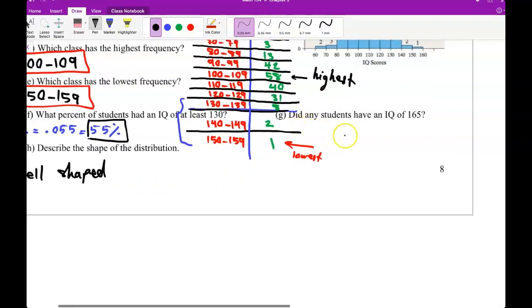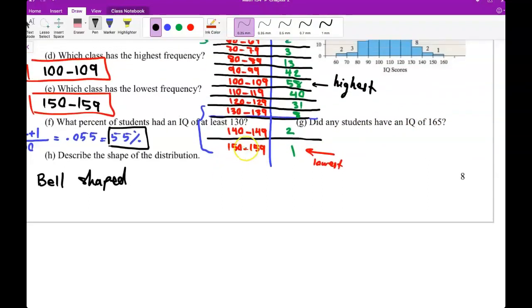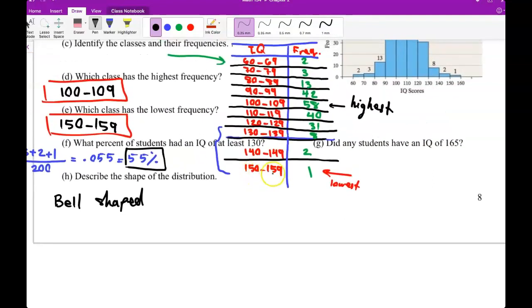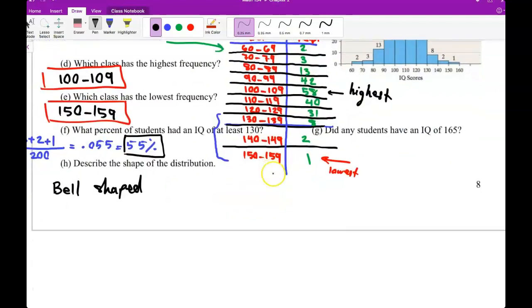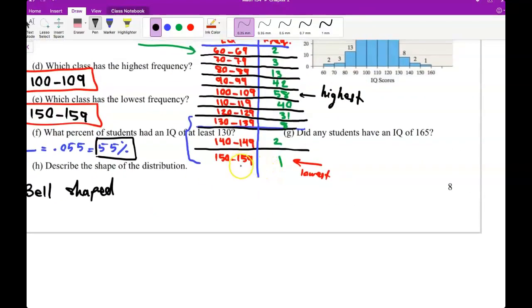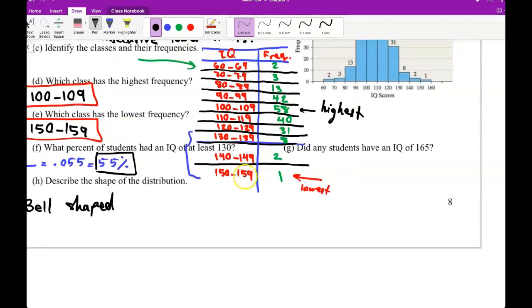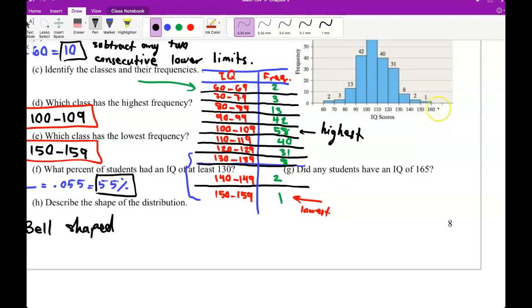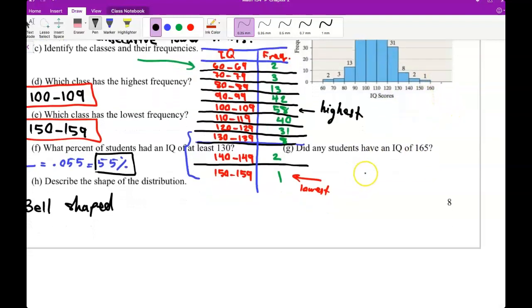Part G, did any students have an IQ score of 165? These classes are 150 up to 159, the highest one that we have here, because that is 160. And we stop here. We don't have 165. IQ score 165 is not here.